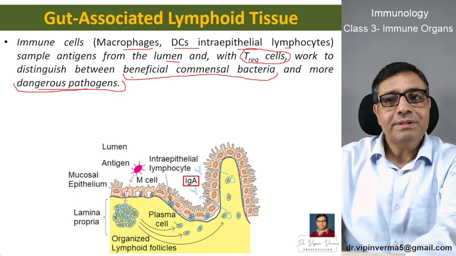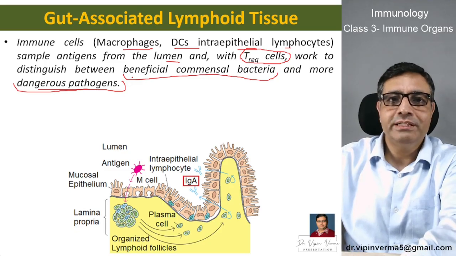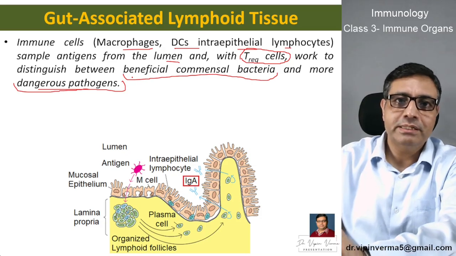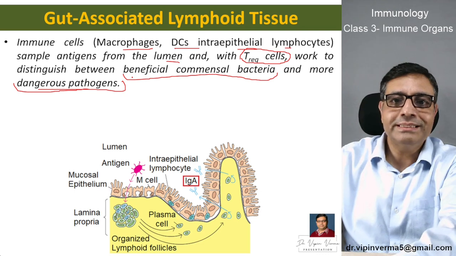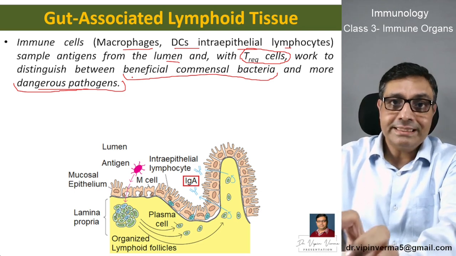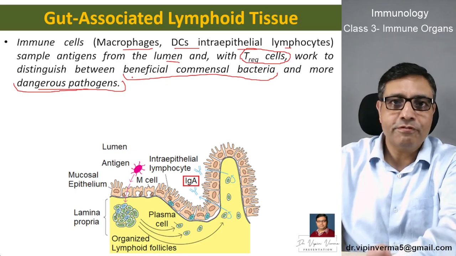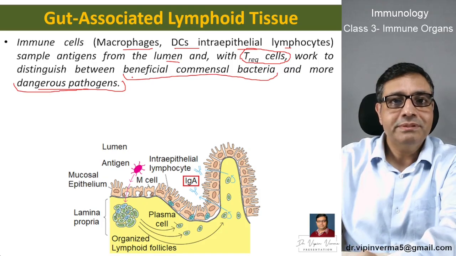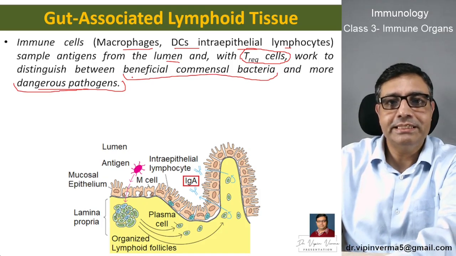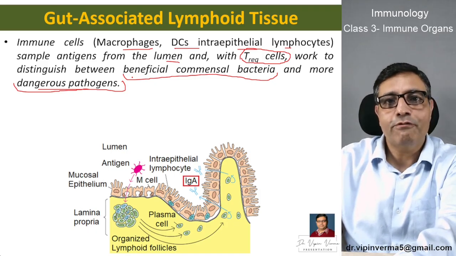Sometimes what happens, because of some wrong food or our poor hygiene, we introduce germs in our gut. So when they mix with the commensal bacteria, they are sampled along with the commensal bacteria. And because commensal bacteria are part of our gut system, our immune system can easily differentiate that this antigen is ours and this antigen is a new, foreign antigen.